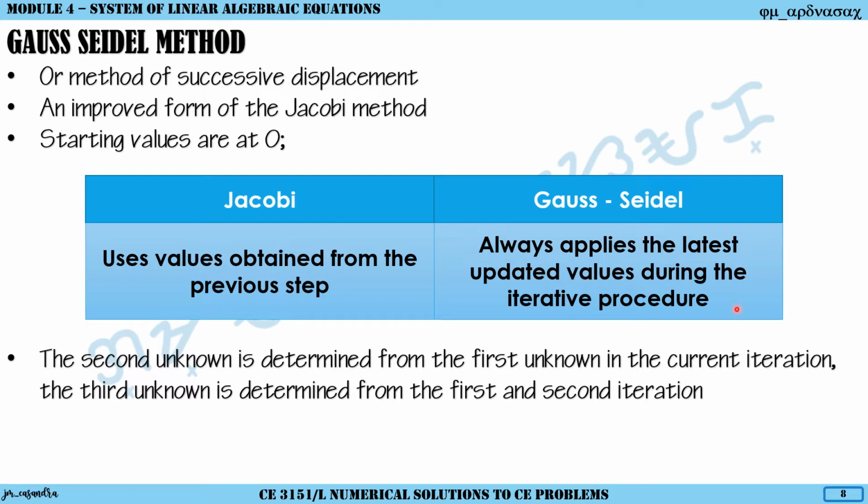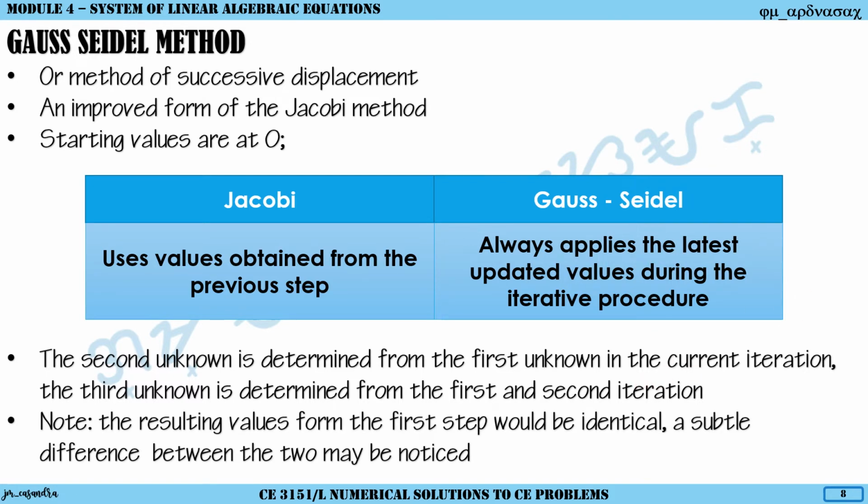So that's the process for Gauss-Seidel. Take note that the resulting values from the first steps for Jacobi and Gauss-Seidel would be identical, but we will now be able to see a subtle difference between the two methods.